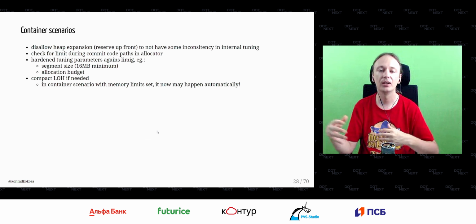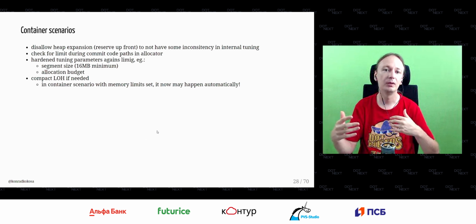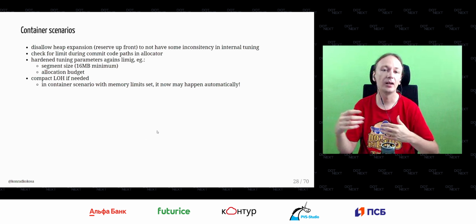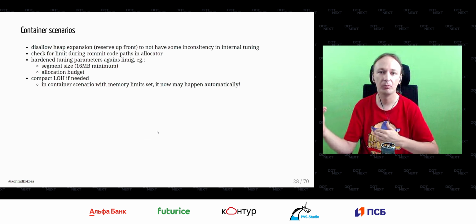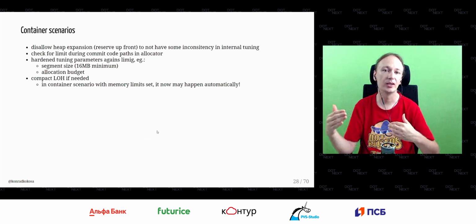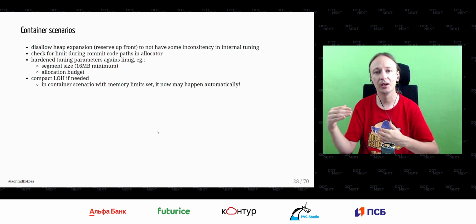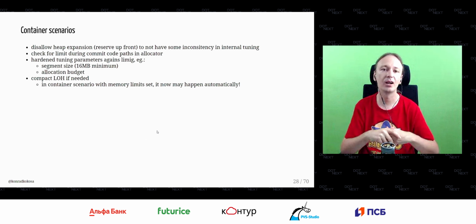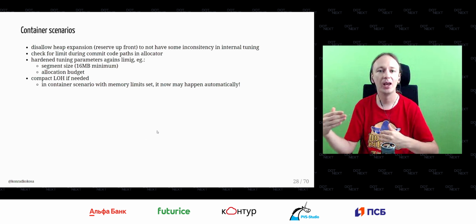The different scenario is when we are using a container and we have put some limits there. So probably we are now talking about gigabytes or just hundreds of megabytes of large object heap size. So now, to make the GC more aggressive in such a limited scenario, it is wise to enable compacting.